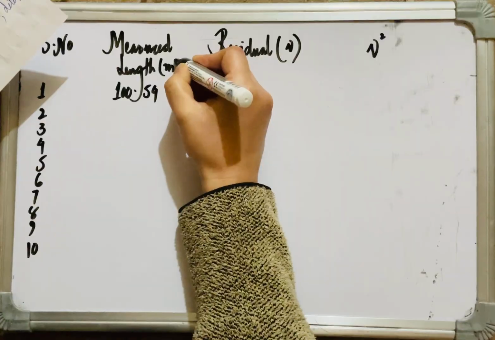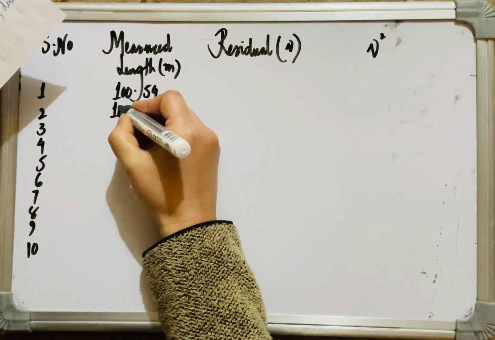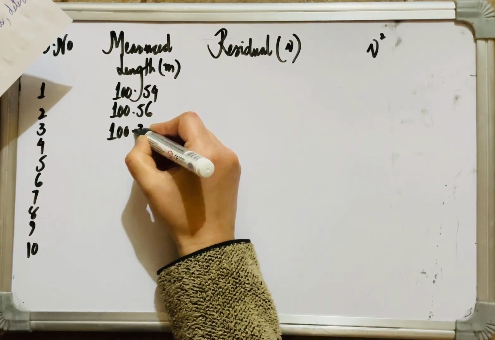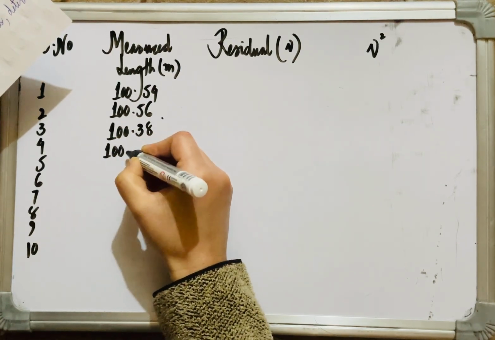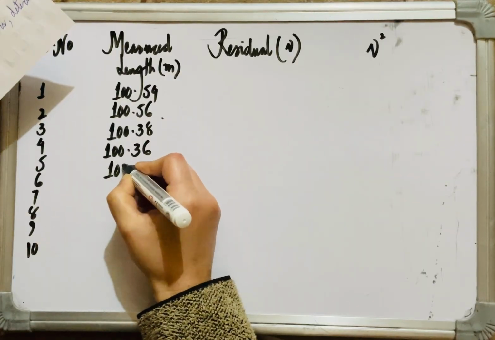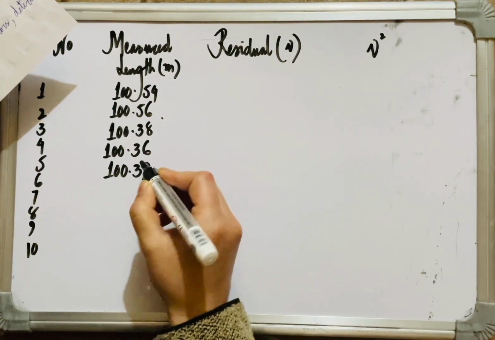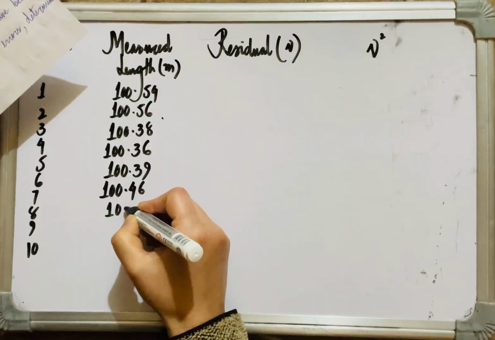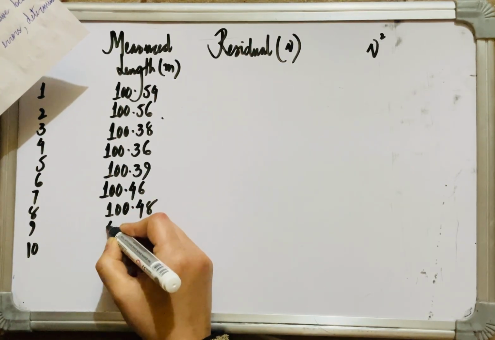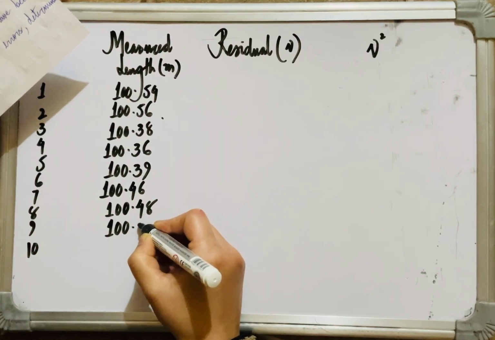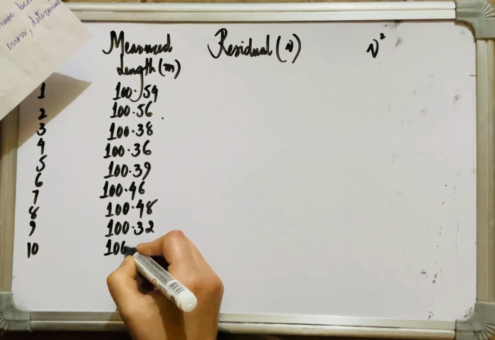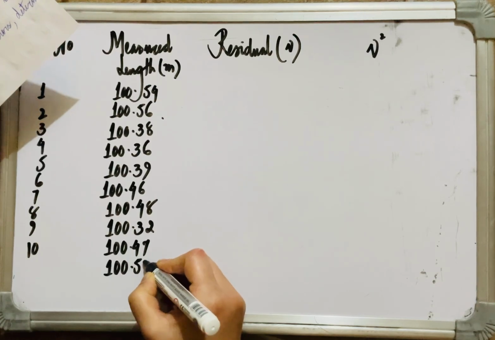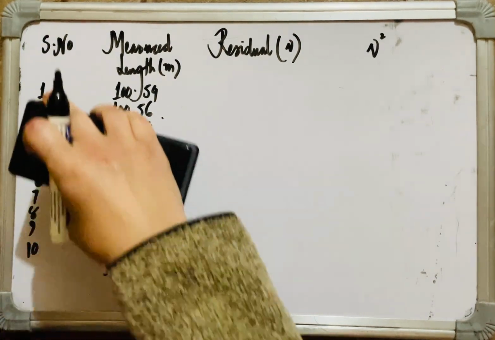Every length is in meters. 100.54, 100.56, 100.38, 100.36, 100.39, all right, 100.46, 100.48, 100.32, 100.47, and 100.52. All right, so these are my measured lengths.